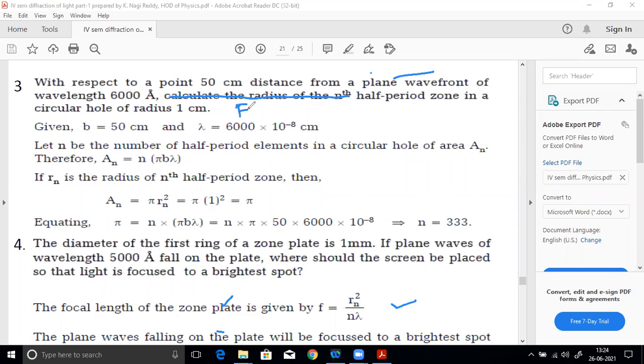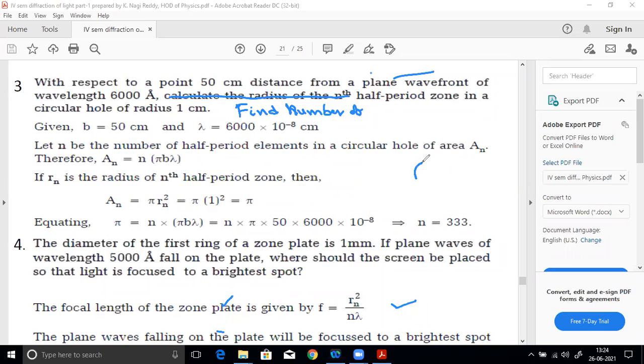the number of half-period zones in the circular hole of radius 1 centimeter. So the radius of 1 centimeter is considered as the radius of the nth half-period zone.